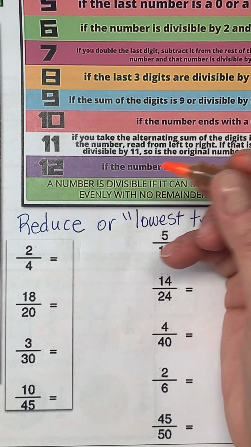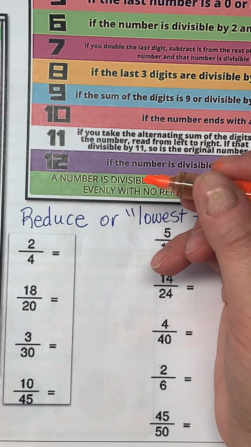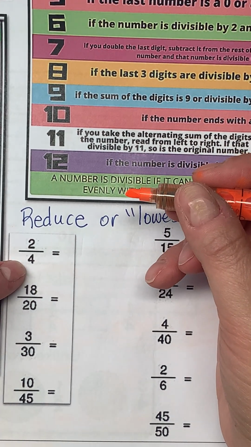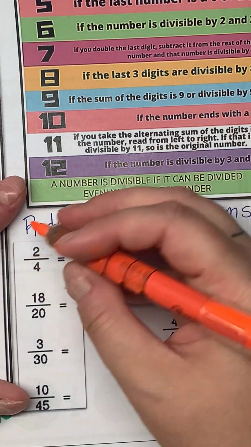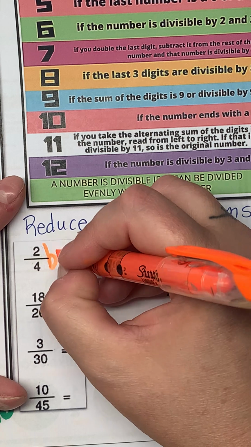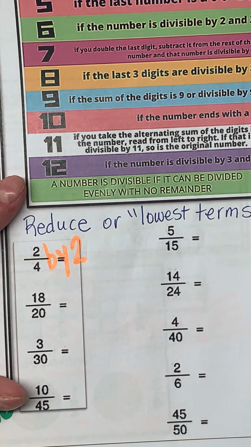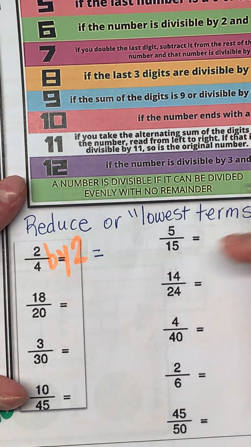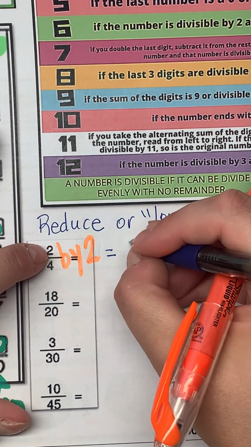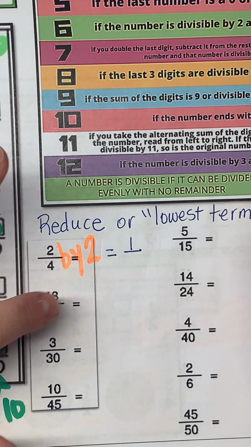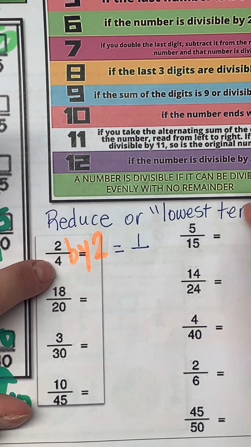What can we divide those by? Can we divide both the 2 and the 4 by 7 or 3 or 8? Nah, you can divide them by 2. So if I divide by 2, 2 divided by 2 is 1 on top. On the bottom, 4 divided by 2 is 2.